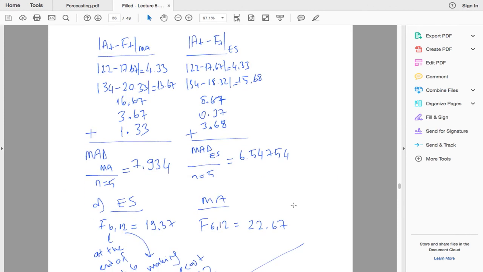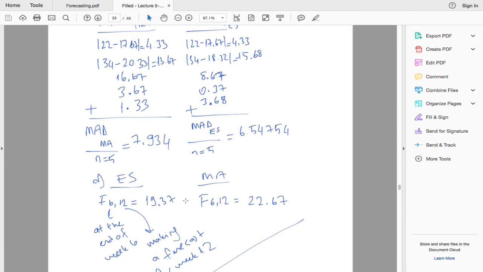So here you can also add another index. The first initial index is at the end of week 6, and our forecast for week 12 by using exponential smoothing is 19.37, and by using moving averages it is 22.67.